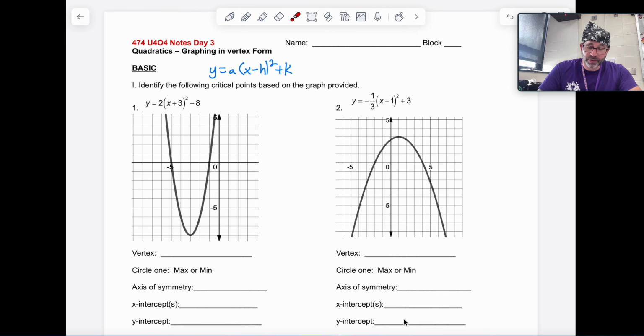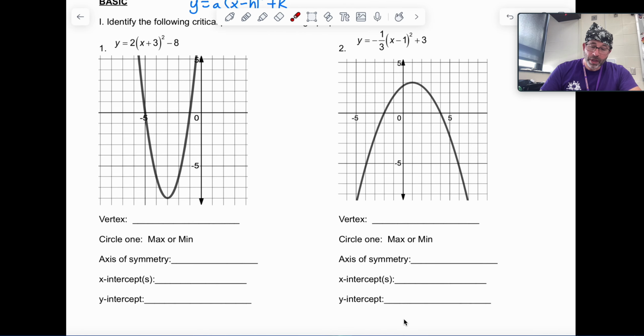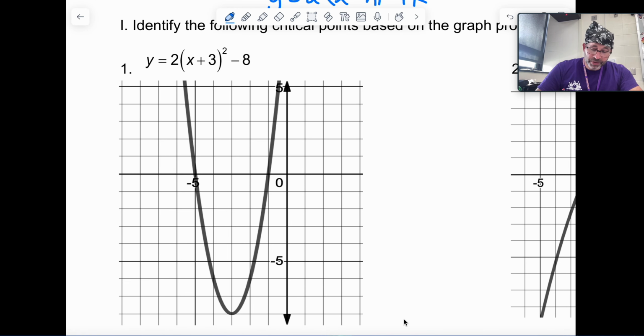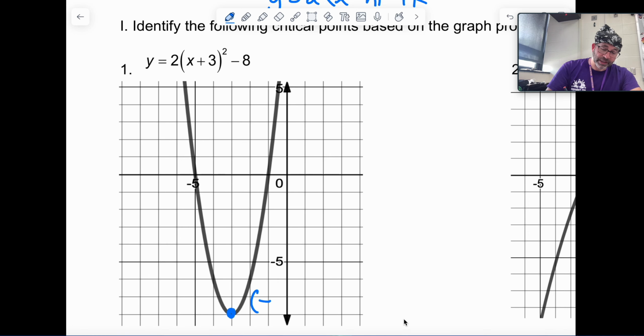So let's take a look at this first one here. When we look at this function, you can see down here at this point we've got a vertex, and it's a minimum because it's at the bottom. That point is at left 3 and then down 8.